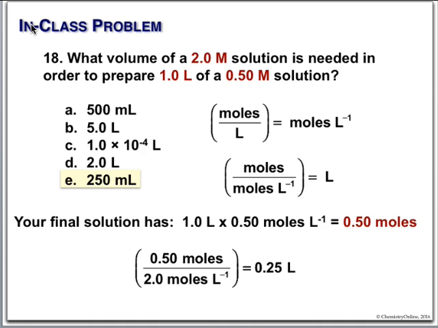Our solution here is 2 molar. We have 0.5 moles. Simply divide them: 0.25 liters. So a little tricky. You have to think about that one just a little bit.